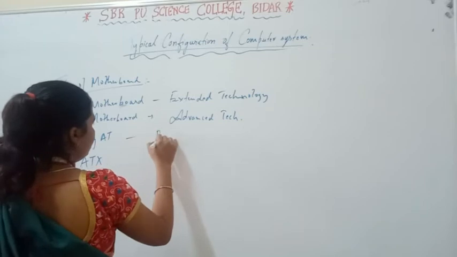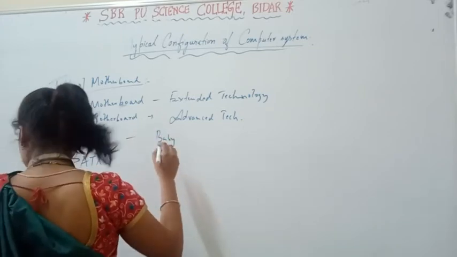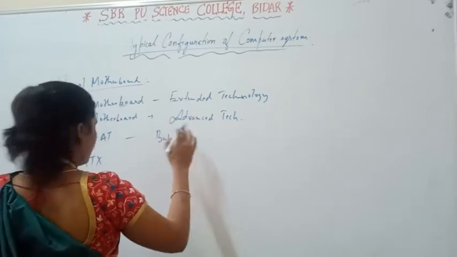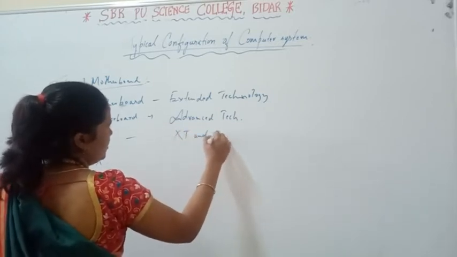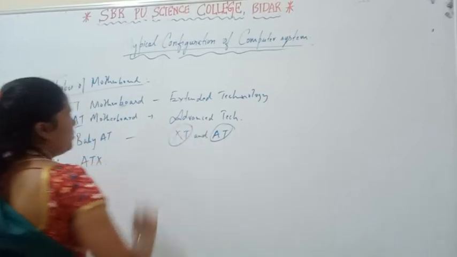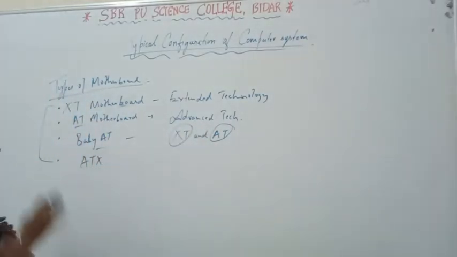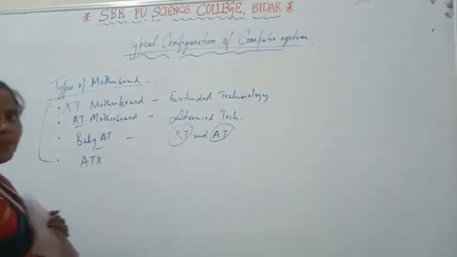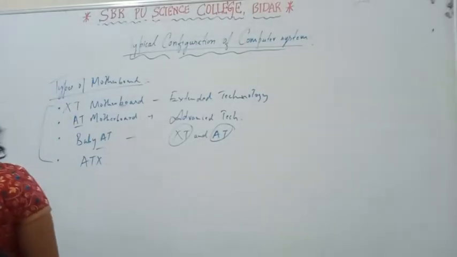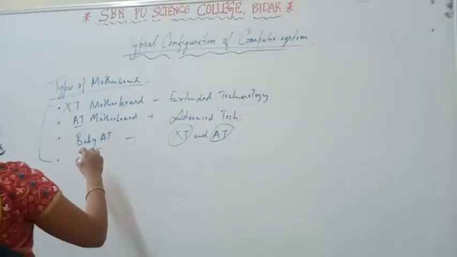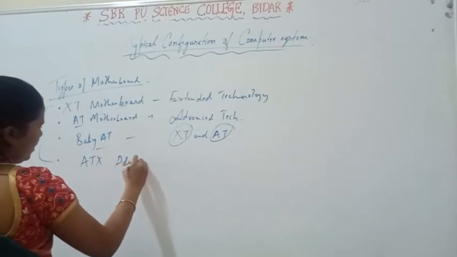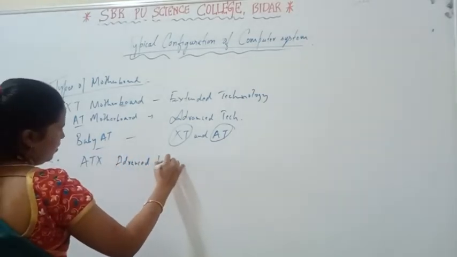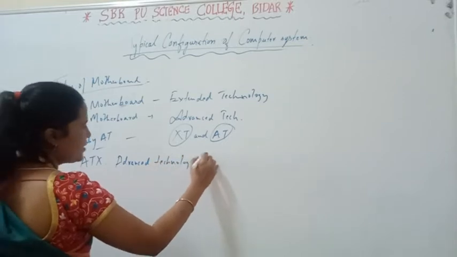Baby AT is an extension or combination of XT and AT, we can say. When we combine both, the term given for that is baby AT. Next, ATX, advanced technology extended motherboard.